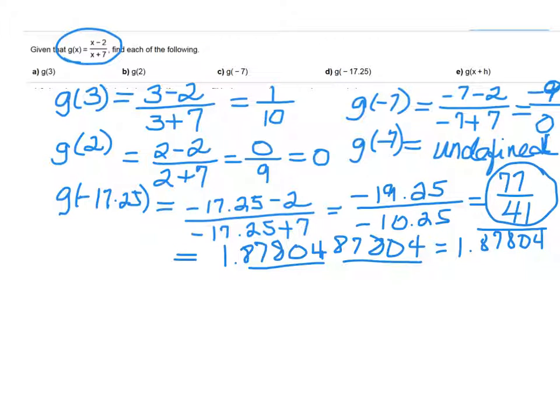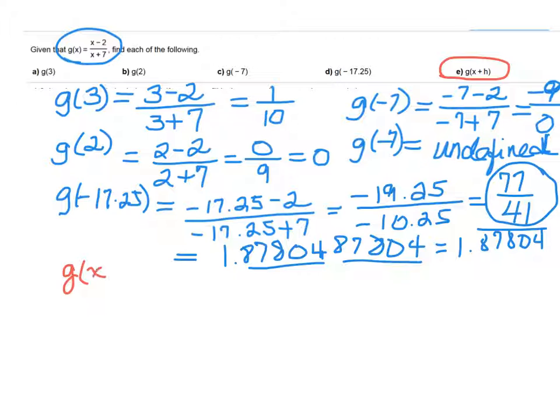So now we're going to talk about the part that's giving everybody the most trouble. And that means we're going to talk about Part E. Part E asks us to calculate g of x plus h. So the way that we're going to calculate g of x plus h is actually the same way that we calculated everything else.